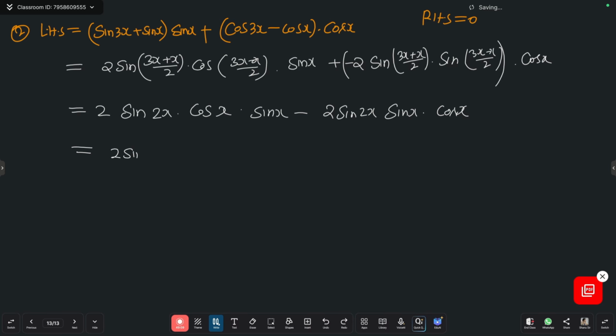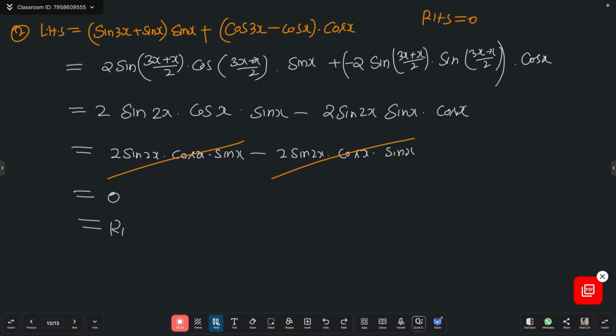Here 2 sin 2x cos x sin x, and this also is 2 sin 2x cos x sin x. So both are the same, the complete term is the same, so cancel. This term cancels with this term. So the answer is 0, which is the right hand side.